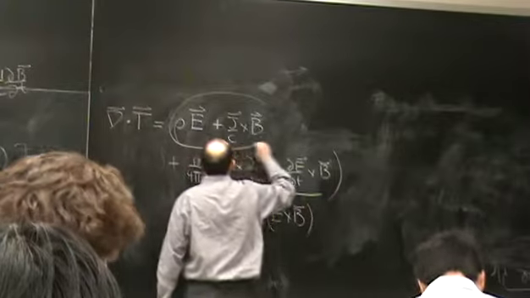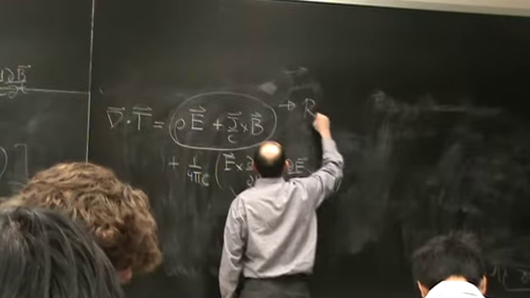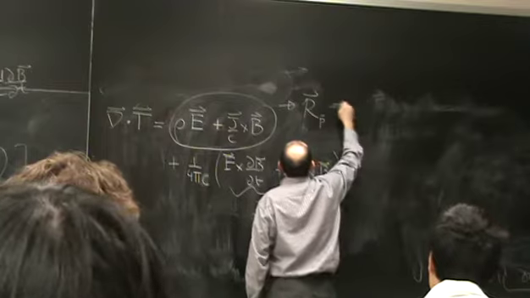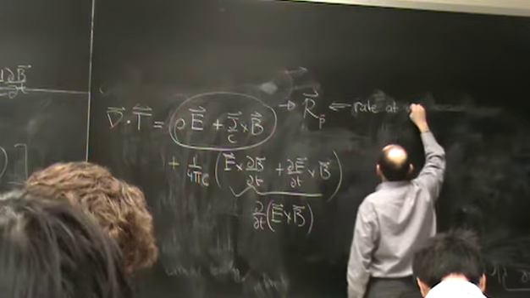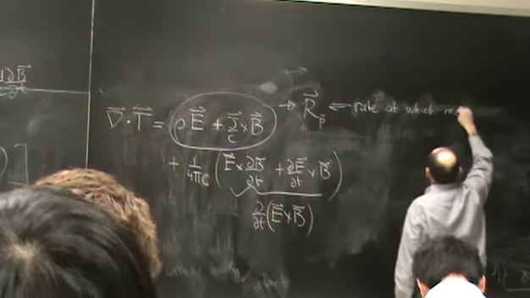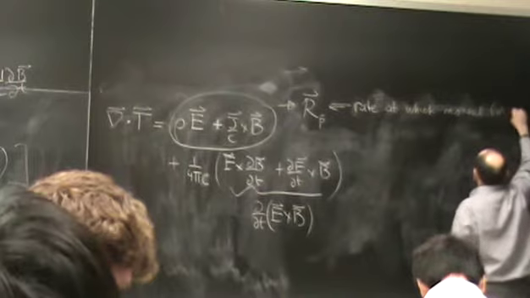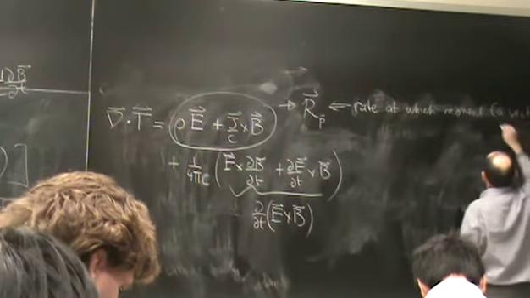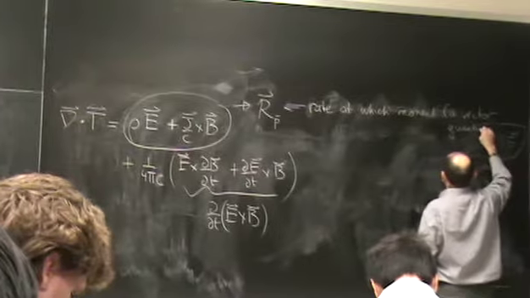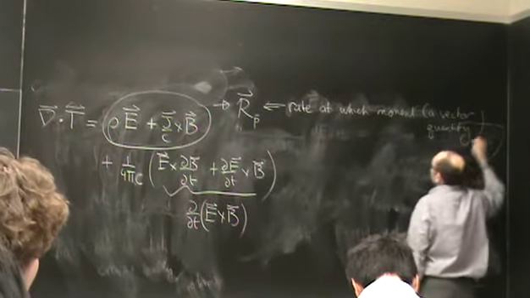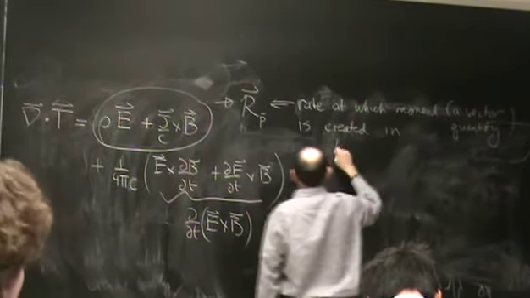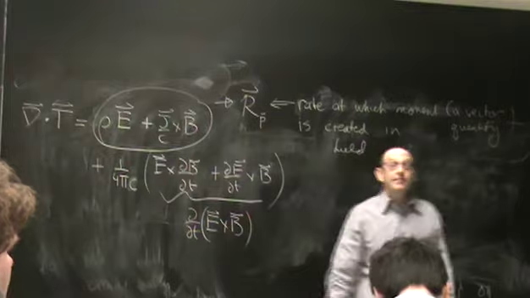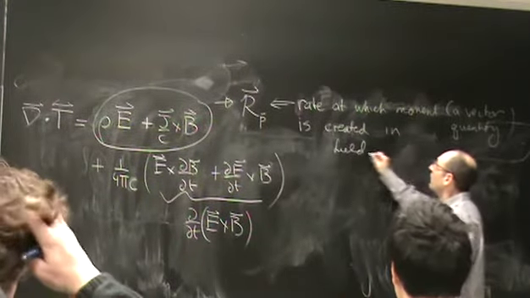So this is equal to a vector, so rate at which momentum, a vector quantity, is created in the field, right? Per unit volume. Oh, it's minus the rate.